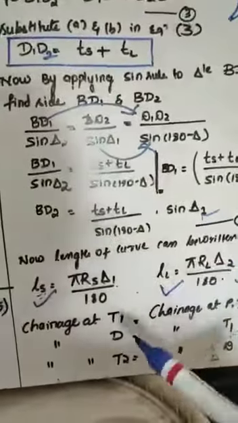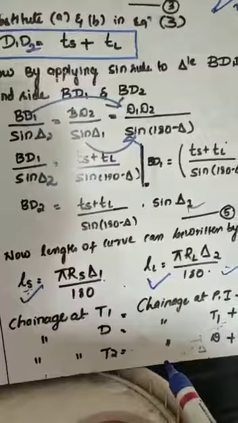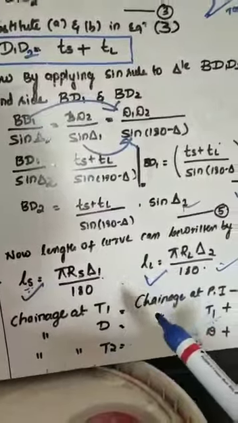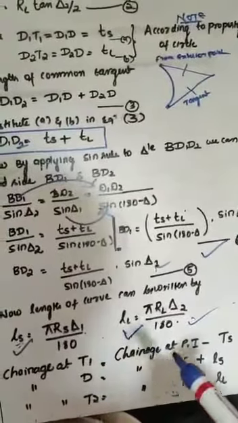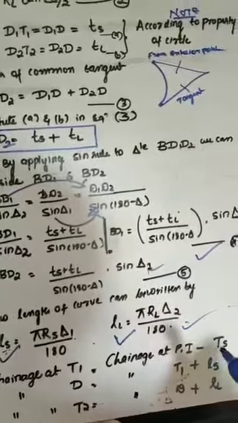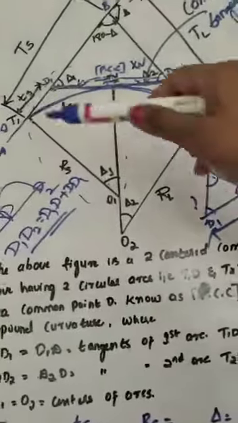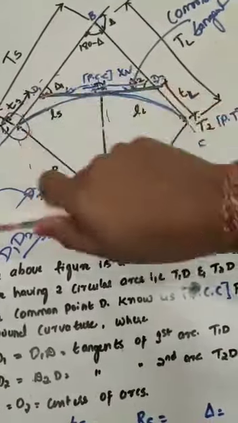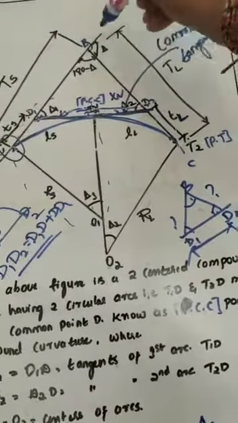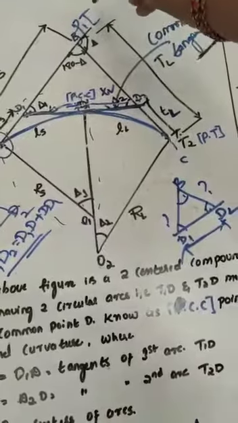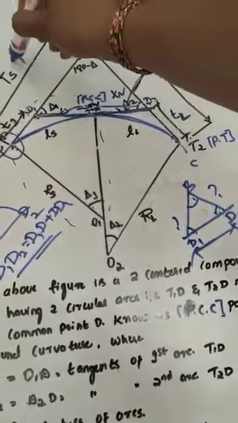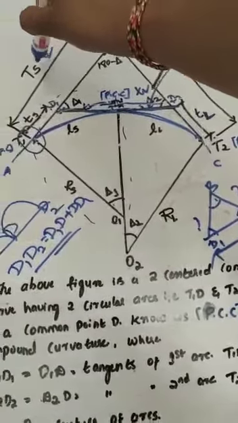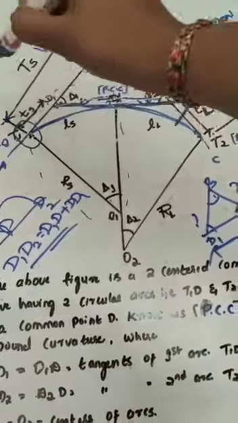Next, in a similar way, we can find the chainages. Chainage at T1 is nothing but chainage at the point of intersection minus TS. That is, if we want the chainage at T1, and we know the value at the point of intersection, then if we deduct capital TS, we will get the tangent point T1.